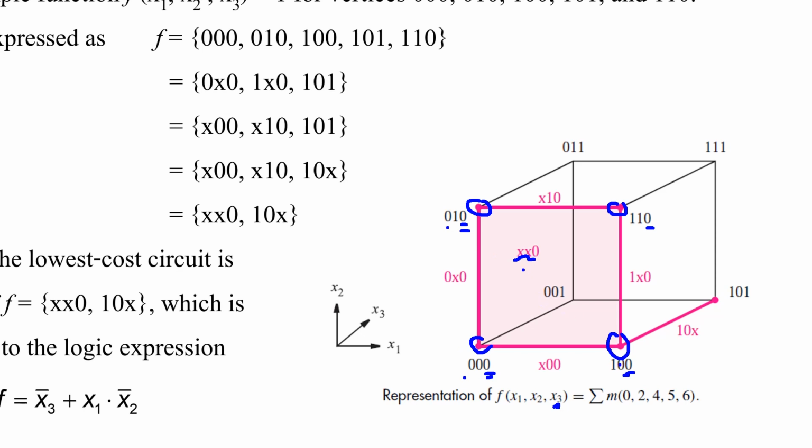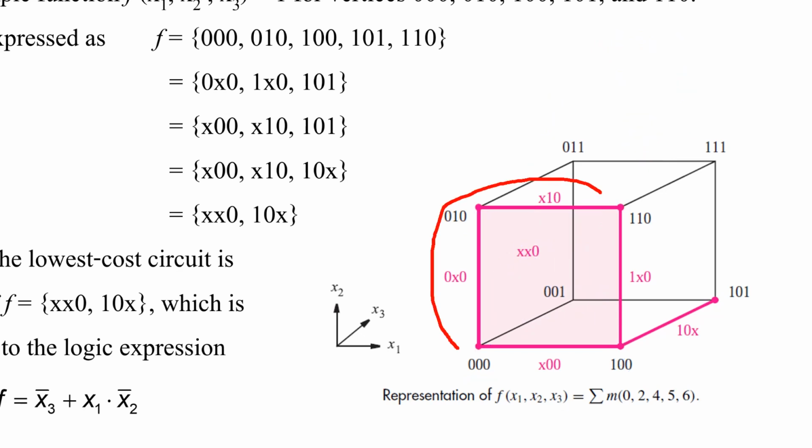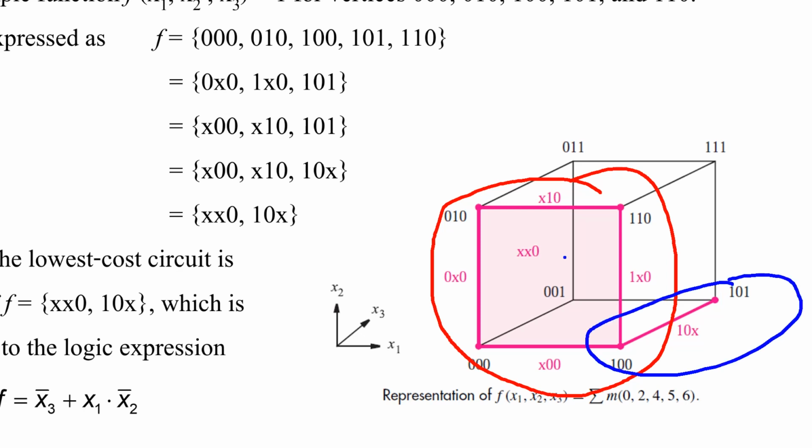So we can write it as xx0, which covers 0, 0, 0, 0, 1, 0, 1, 0, 0, and 1, 1, 0. This xx means it can be 00, 01, 10, and 11. So that means you can select this and maybe select this one, like this.